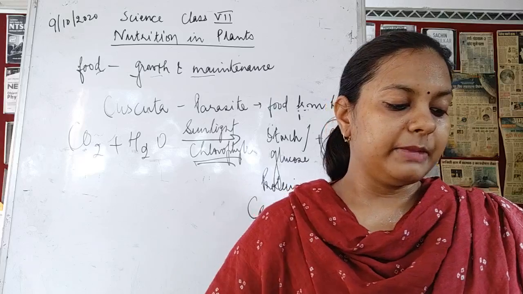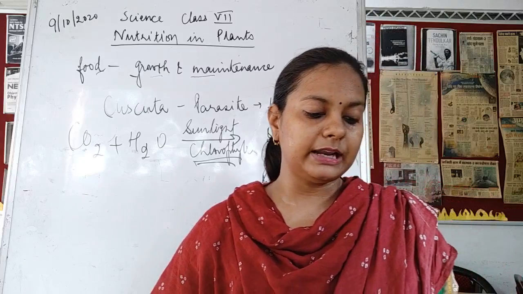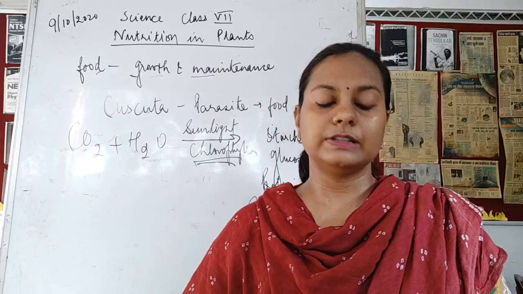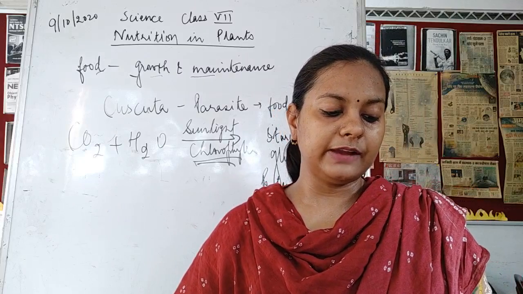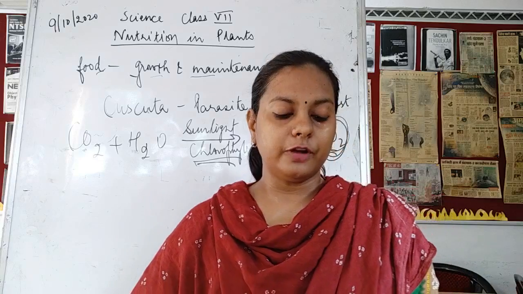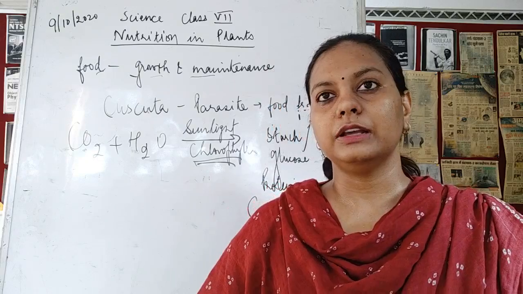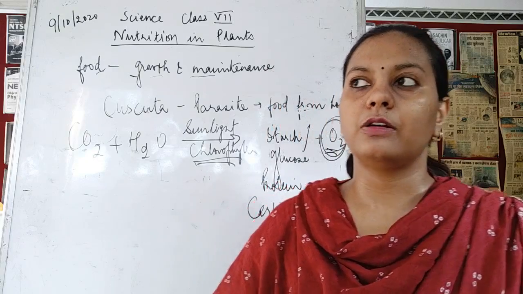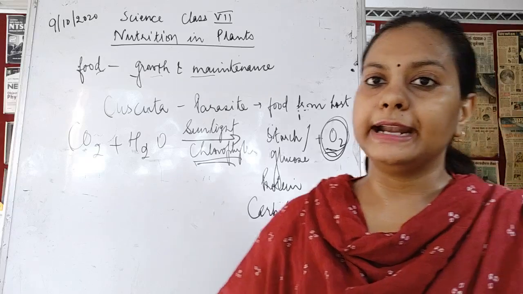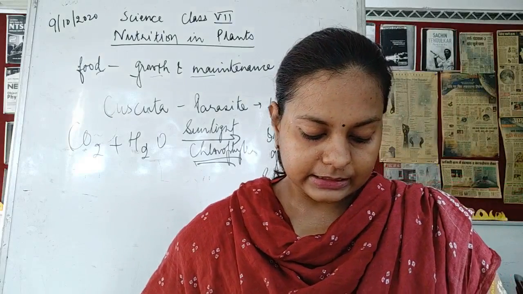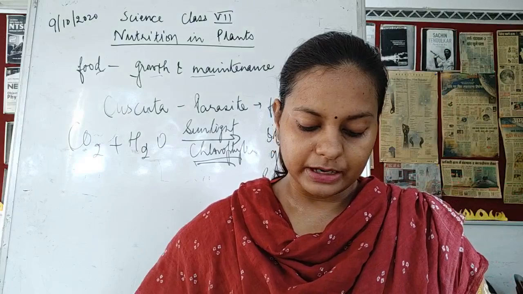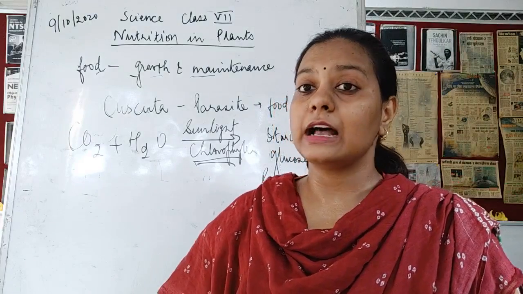Okay. Then many fungi derive nutrition from dead and decaying matter. They are going to derive nutrition from the dead and decaying organic matter. They are known as the saprotrophs because they are obtaining the nutrition from the dead and decaying remains. Fungi are the saprotrophs.